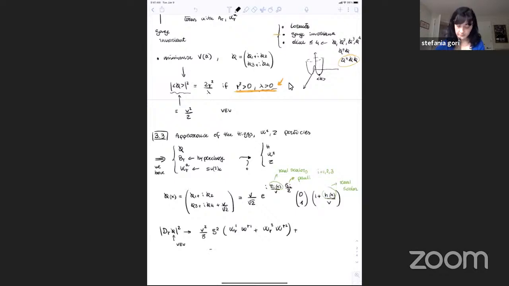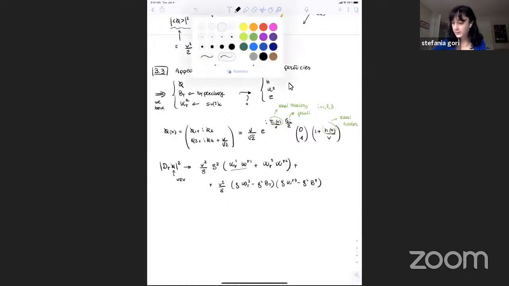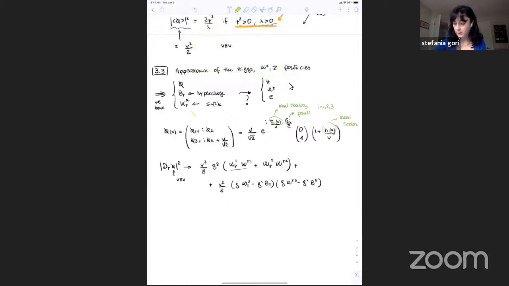And then I have another term that looks like this, G W mu 3 minus... So as you see, here I have the fields that we saw yesterday, okay?